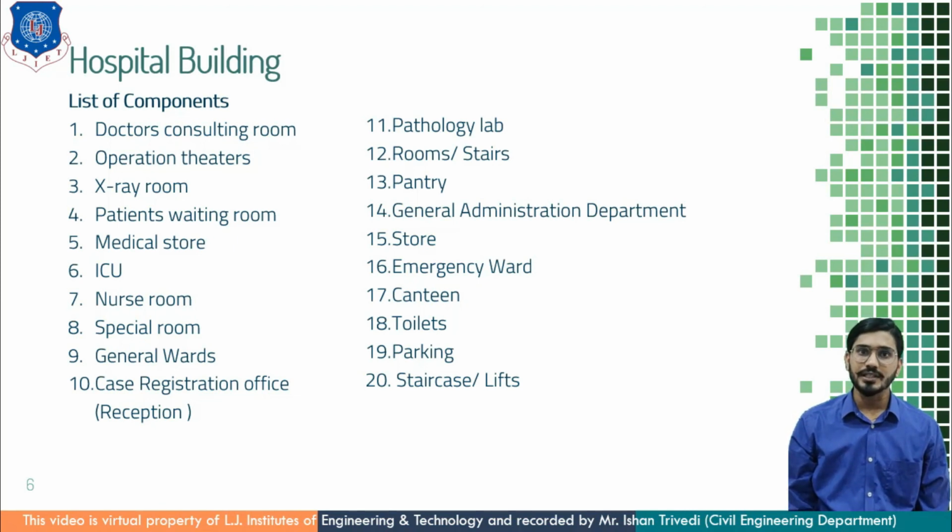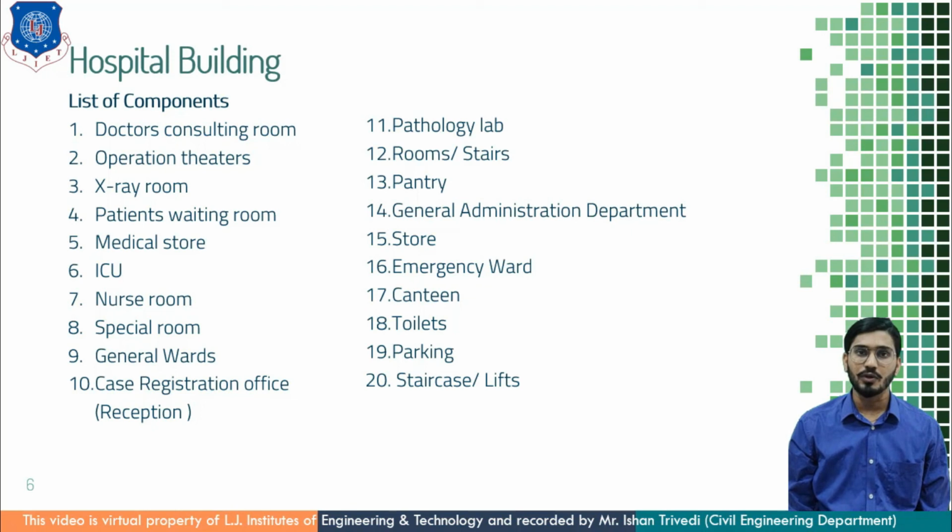Then operation theaters, x-ray room, patient's waiting room, medical store, ICU facilities, nurse room, special room, semi-special room, general wards, then case registration office or reception, pathology lab, rooms and stairs, pantry, general administration department, then store, emergency ward, canteen, toilets, parking for outsiders, staircase and lifts.